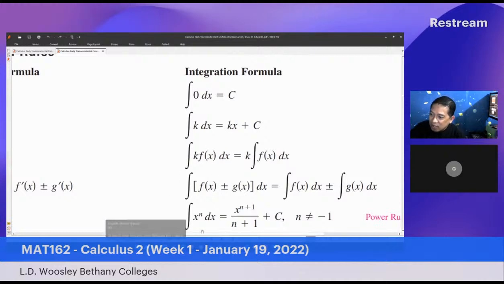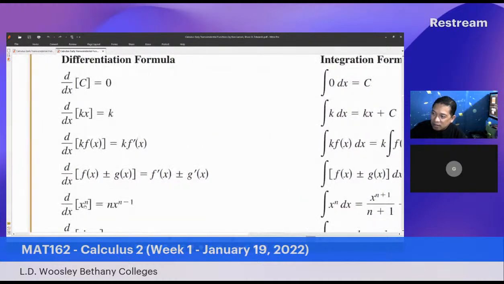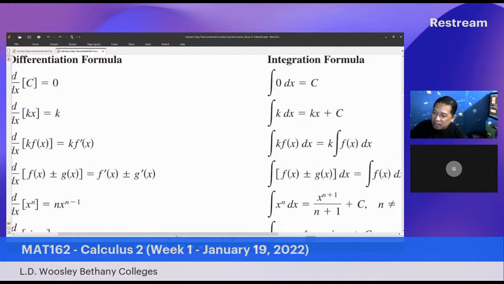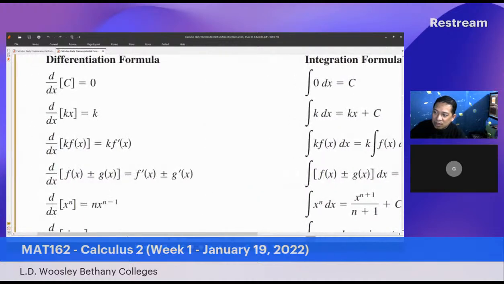Alright? So yung kanina, yung sample natin, ito na yon, yung power formula. So the derivative of x raised to n is n times x raised to n minus 1. So marami tayong example kanina. So pag i-reverse mo yan, the integral of x raised to n would be x raised to n plus 1 all over n plus 1. So for differentiation, you're subtracting from the exponent or power.